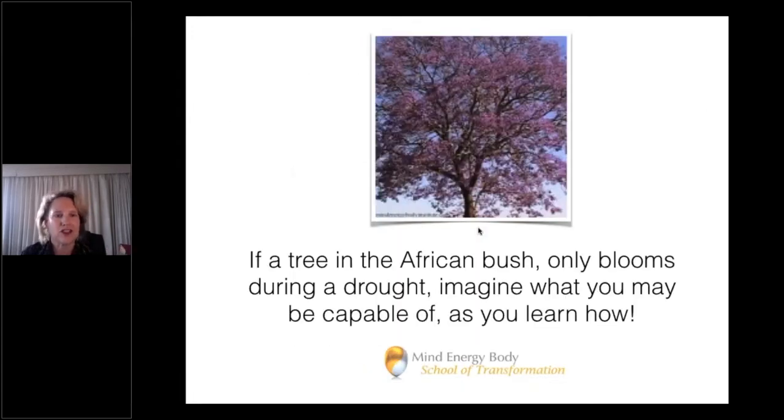But first I wanted to show you this picture of a tree. I lived in Zimbabwe, Africa, for a while, and this tree only blooms during a drought. It's dead during the rainy season, but it blooms during the drought. And that's a good metaphor for what you're able to accomplish.